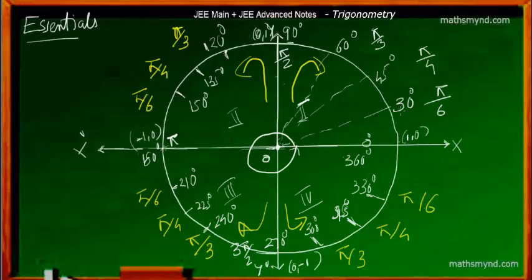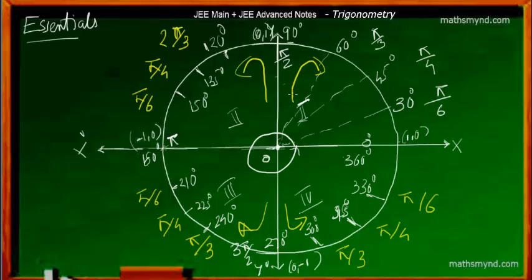As I already told, we only need to know the measures of the first quadrant to complete the entire thing. Now 120 is of course 2 times 60 degrees, so that would be 2 pi by 3. Now what about 135 degrees?